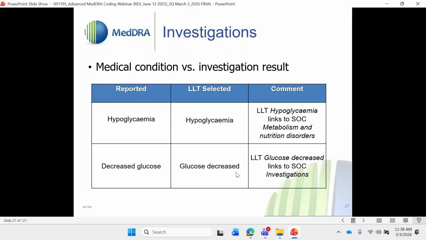That is a lab test. It's an investigation finding, and that's further confirmed when we look at the MedDRA browser and see the hierarchy of the LLT. It's linked to the SOC investigations. All lab investigation results and findings will be linked to the SOC investigations, whereas disease conditions will be linked to the various corresponding disorder SOCs.